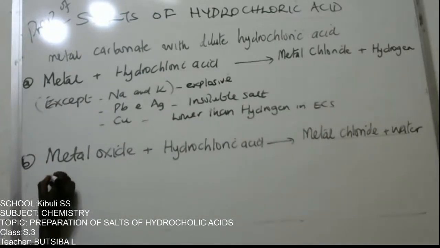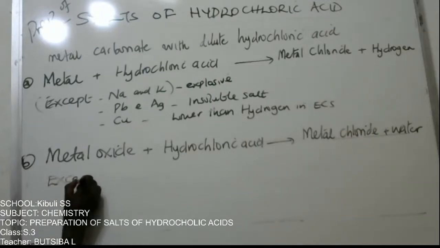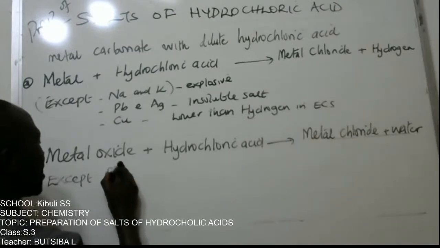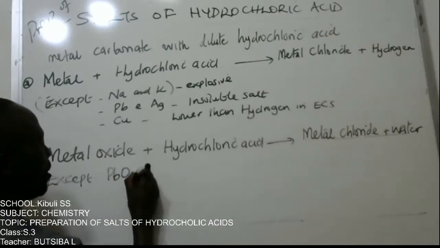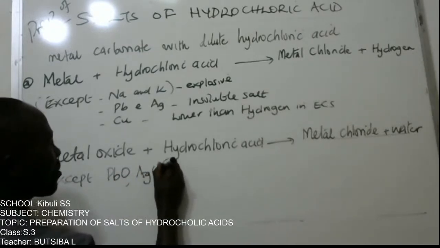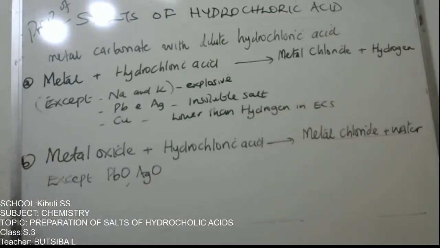So let's pick out what's the exception here. The only exception is lead 2 oxide and silver oxide, if it's there. And in most cases, we don't have silver oxide. So it's only that one we're picking out.